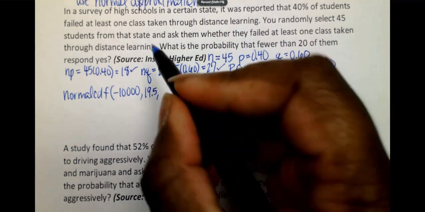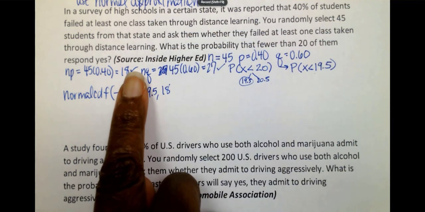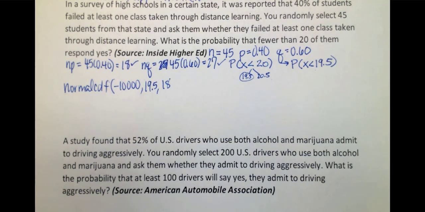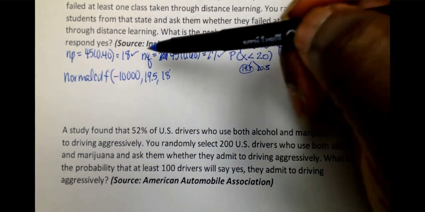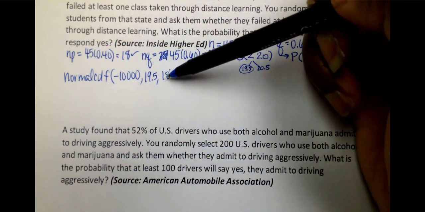Our mean is going to be 18. Then, okay, I'm not sure where I stopped, so normal CDF probability. Oh yeah, I was saying that N times P is the same thing as the mean.